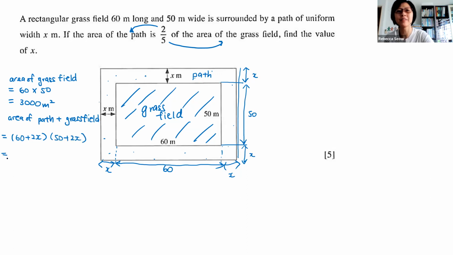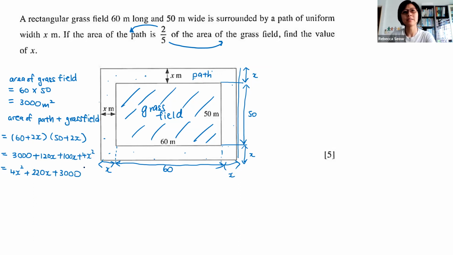So the area of the path plus the grass field, let's expand out. So we get 3000 plus 120x plus 100x plus 4x squared. Tidy up, 4x squared plus 220x plus 3000.